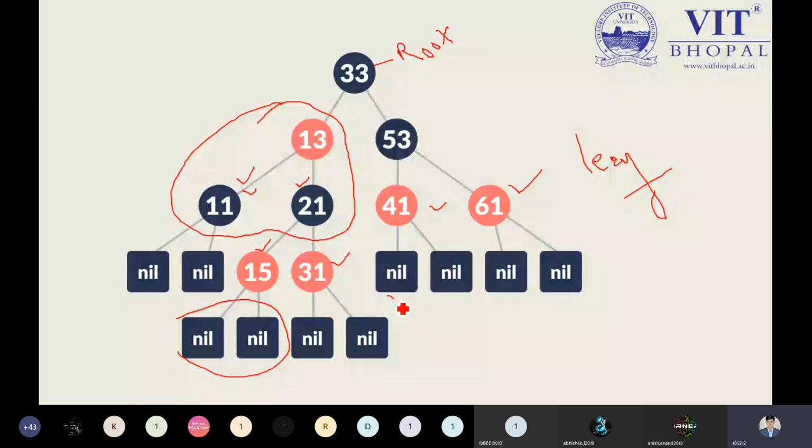The 41 node, a leaf node, has two different null nodes. Without any doubt, by the properties of a binary tree, every parent node must have its own two children, and those are represented by null nodes because no more nodes are connected. So this is an example of our red black tree.